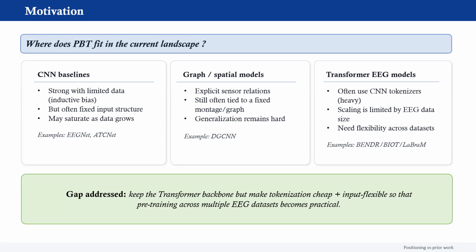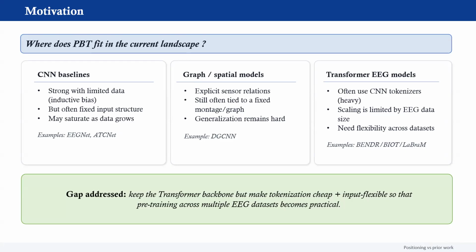So where does this work actually fit in the current landscape of models that we see? The authors position their work against three major modeling families commonly used in EEG decoding. The first are CNN-based baselines, such as EEGNet or ATCNet.